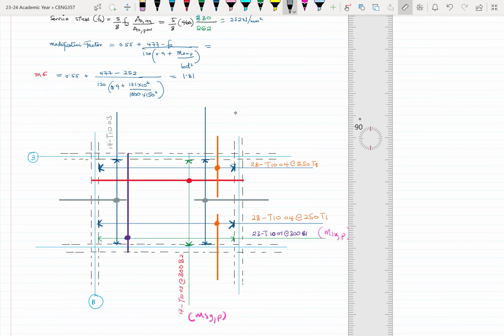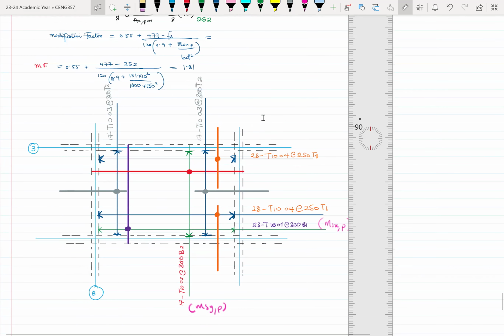Let's say bar mark 03 at 300 T2. So again, here is 17 T10 bar mark 3 at 300 T2. All right. So this is in plan. This is how the rebar arrangement would be.